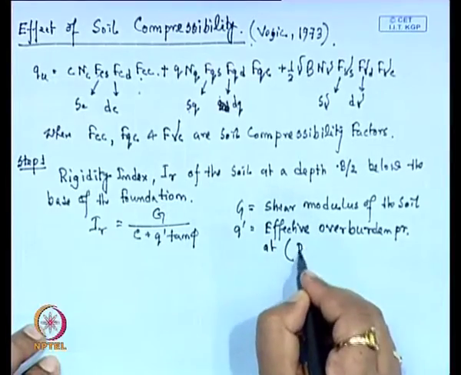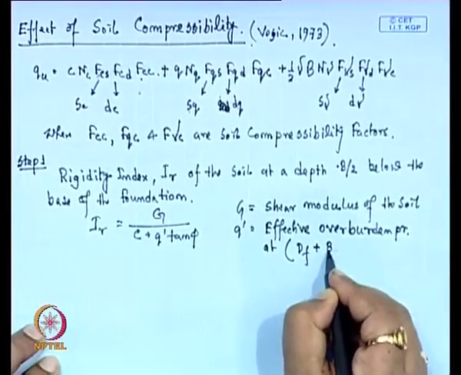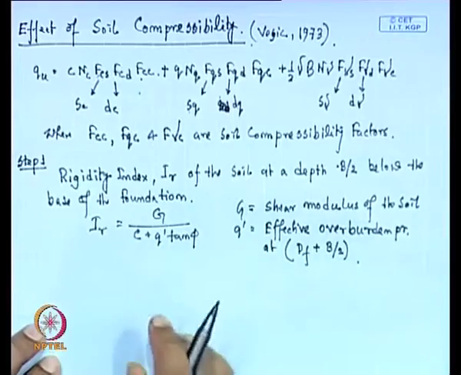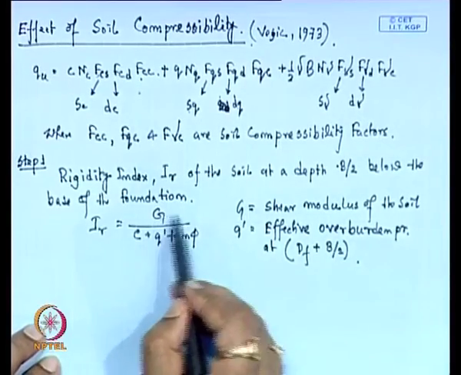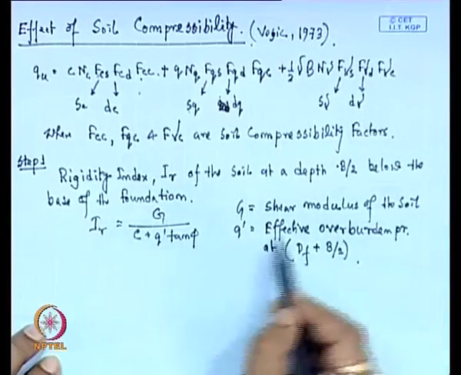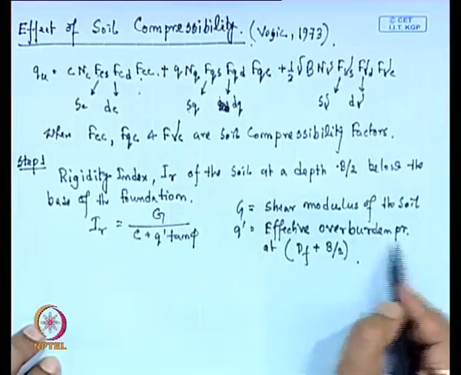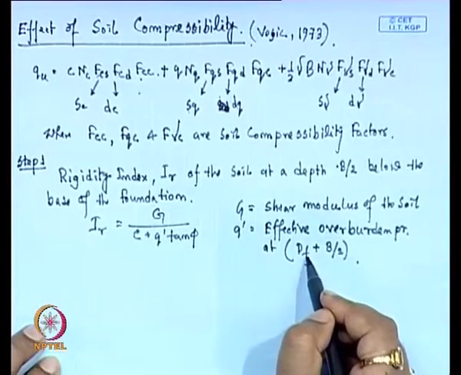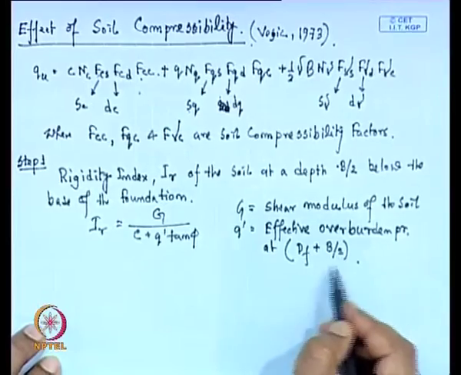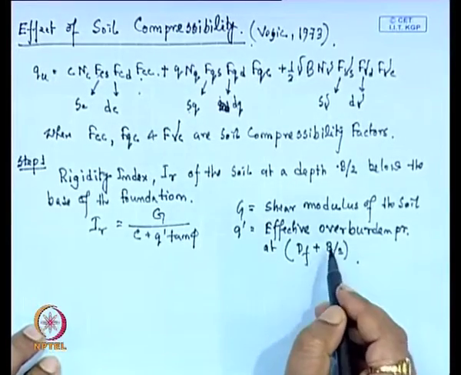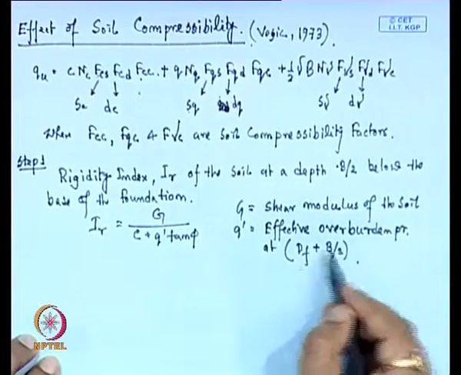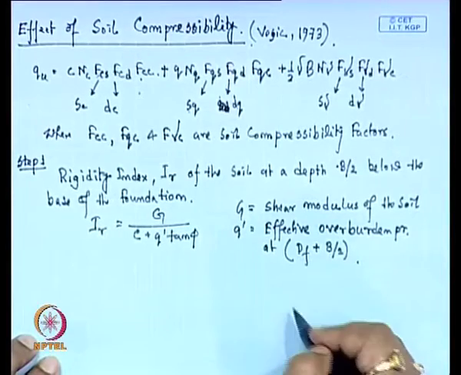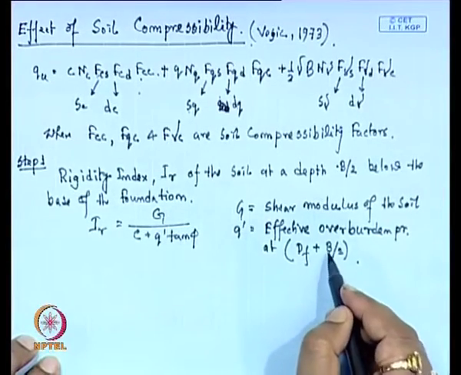G is the shear modulus of the soil and Q dash is the effective overburden pressure at the depth dF plus B by 2, where dF is the depth of the foundation and B is the width of the foundation. So, the point will be somewhere below the base of the foundation at a distance B by 2 from the base.